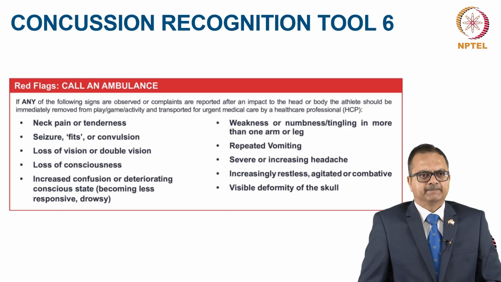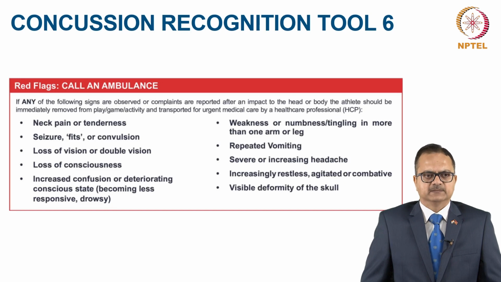What are the signs? Neck pain or tenderness, seizure, fits or convulsion, loss of vision or double vision, loss of consciousness, increasing confusion or deteriorating conscious state. That means he is becoming less responsive and more drowsy. Weakness or numbness or tingling in more than one arm or leg.